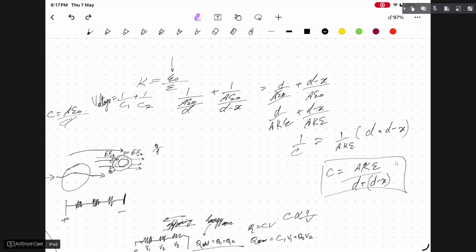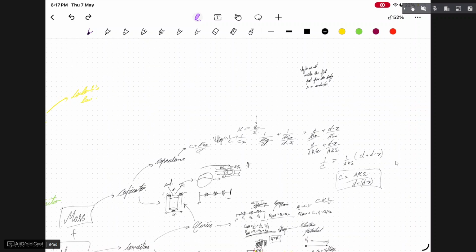I did this derivation because it's a detail which connects multiple concepts. It strengthens a concept. That's why I added this.